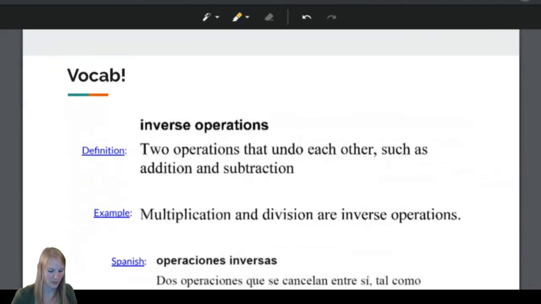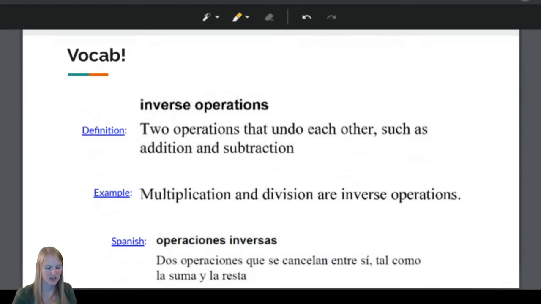One more vocab word before we get into the rest of the lesson. Inverse operation. Now, when you hear the word inverse, I want you to think opposite. Inverse operations undo each other. So inverse operations, the definition is two operations that undo each other, such as addition and subtraction.